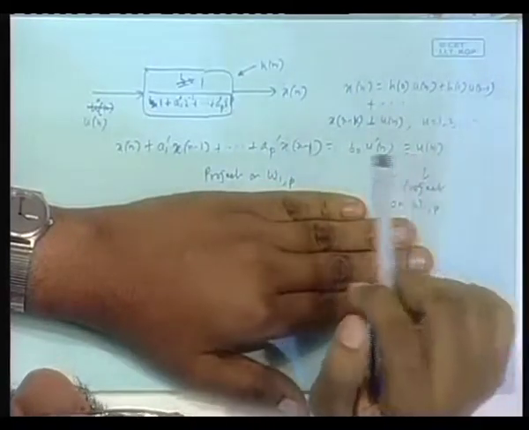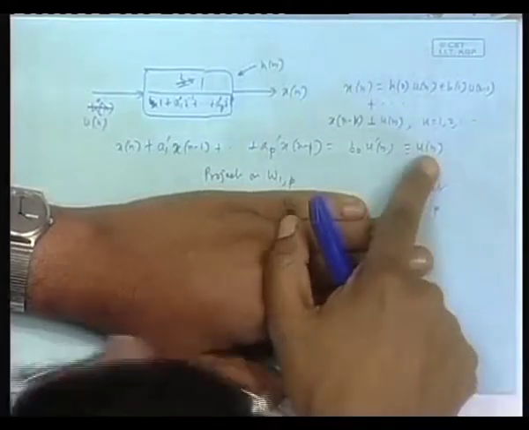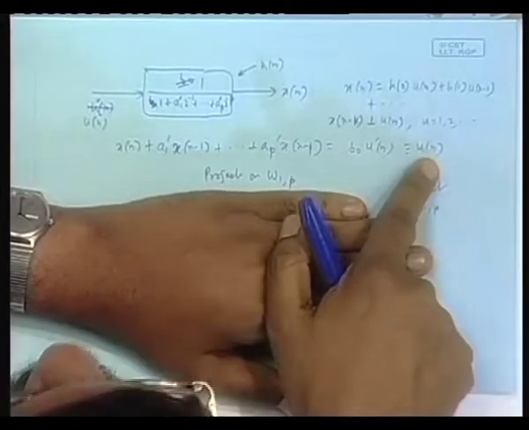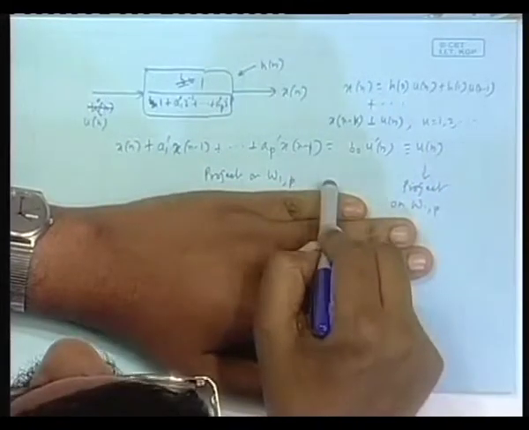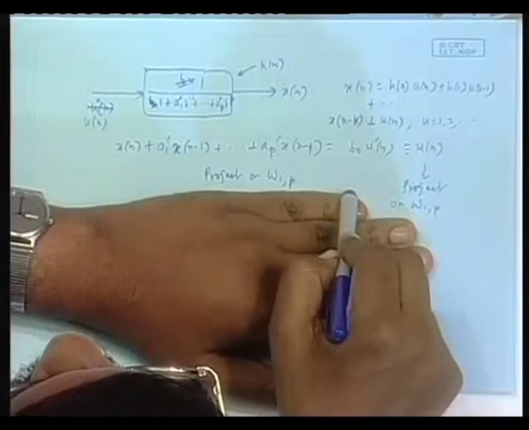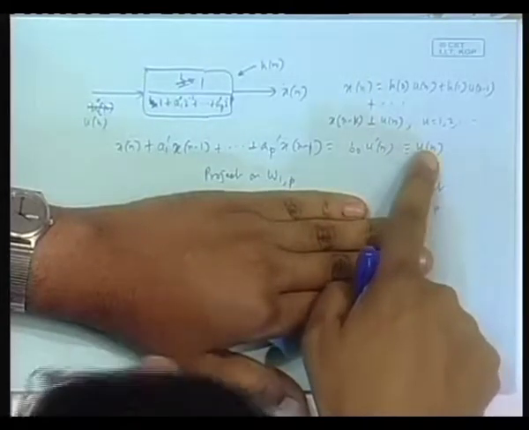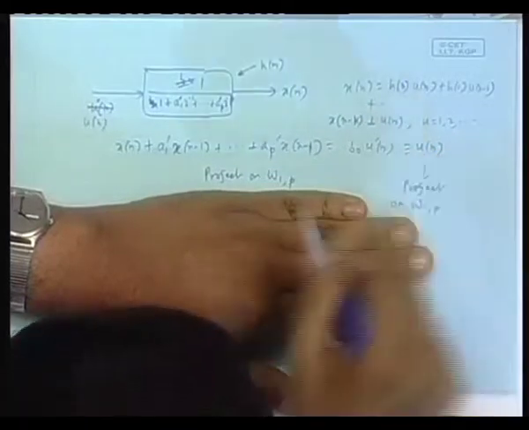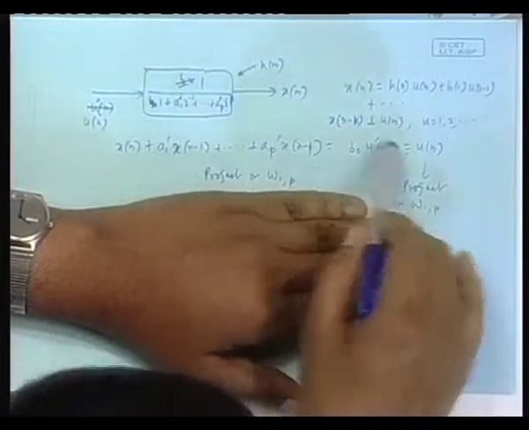What is the difference between just linear prediction and AR model? In the case of linear prediction, UN is EPFN, it is orthogonal only to xn minus 1 to xn minus p, not to xn minus p minus 1, not to xn minus p minus 2. But when it is AR model, this thing which is not only EPFN, additionally it is also the input that is orthogonal to all the past of x because of this relation.